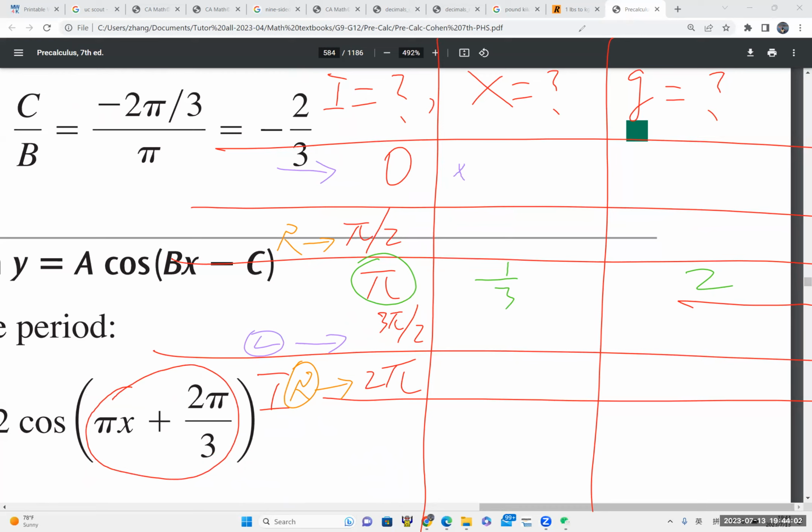I call all this I, means input. This equal to 0. Purple for Neo. This is by James.